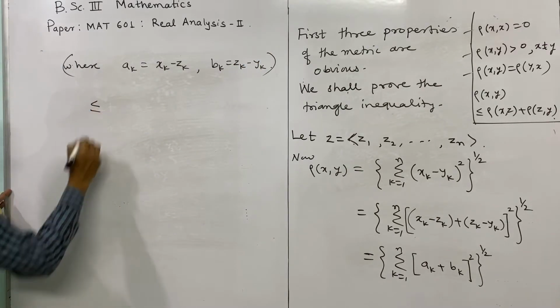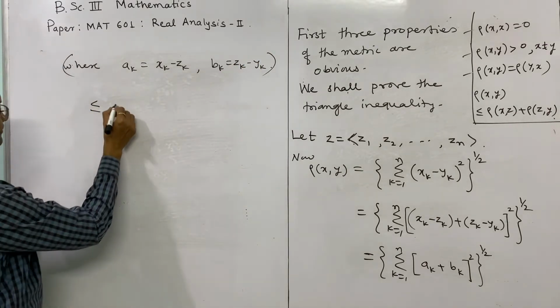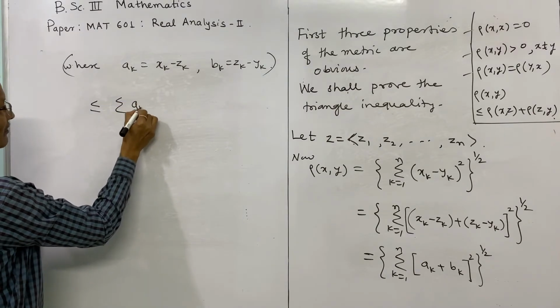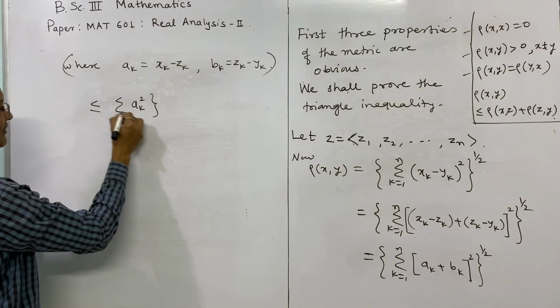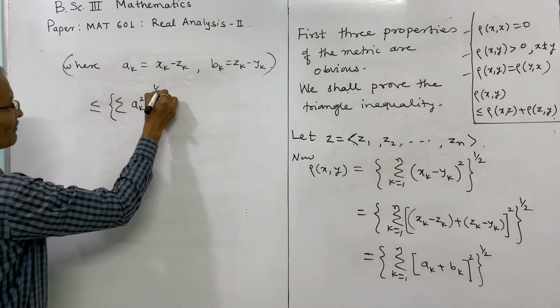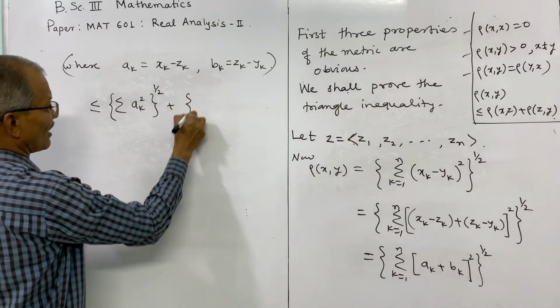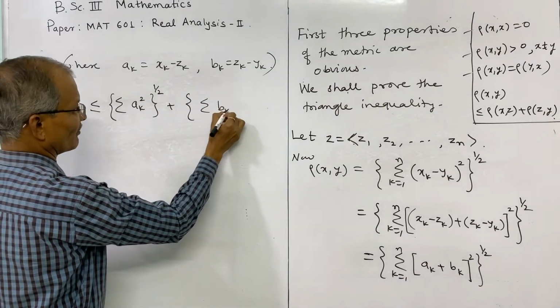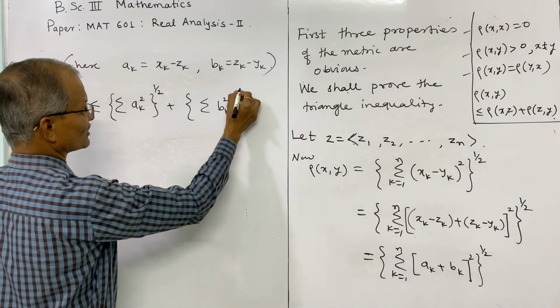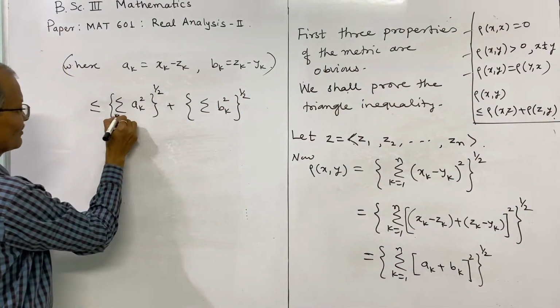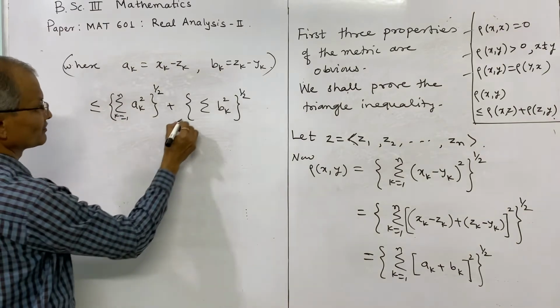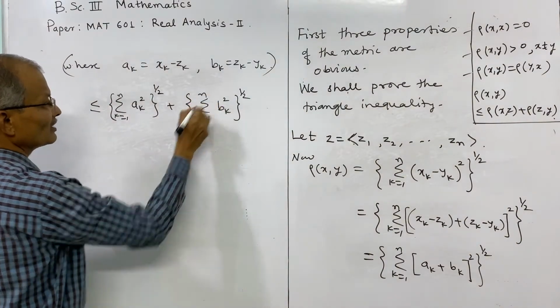And now this is less than or equal to summation ak square, whole raised to half, plus summation of bk square, whole raised to half, k takes value 1 to n. This follows.